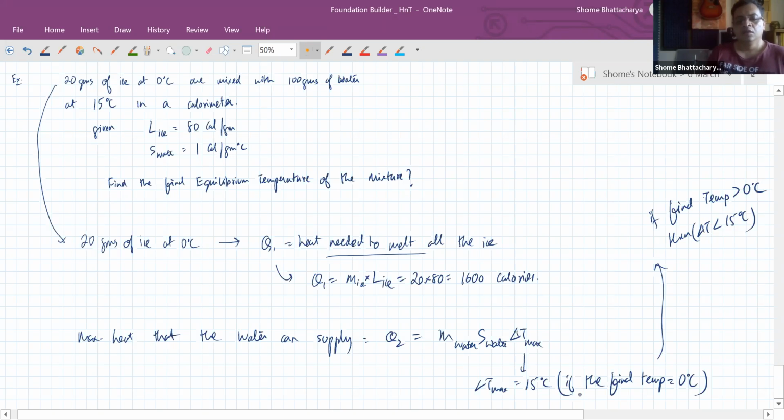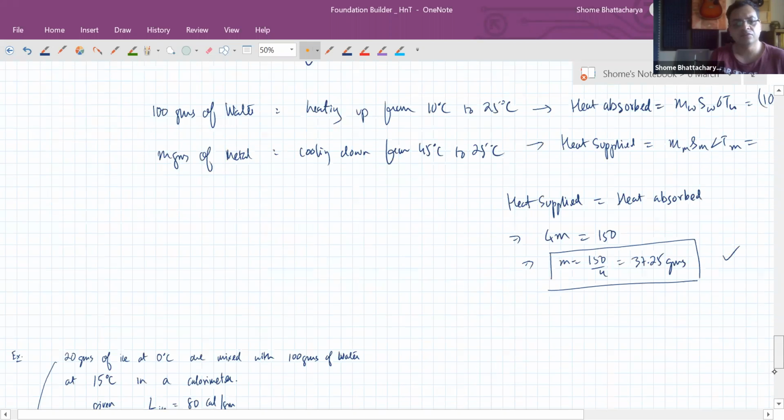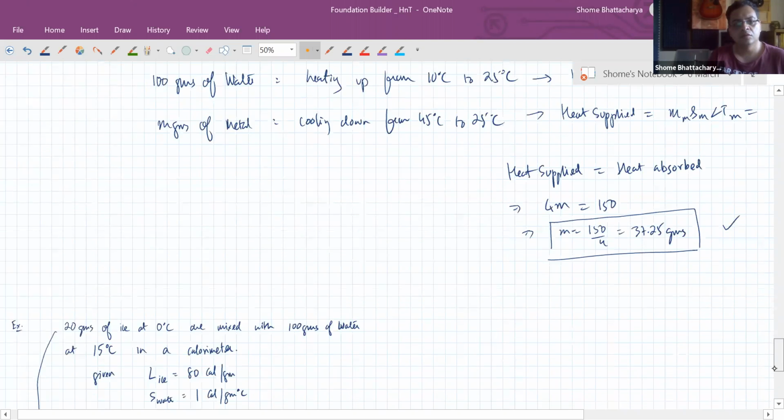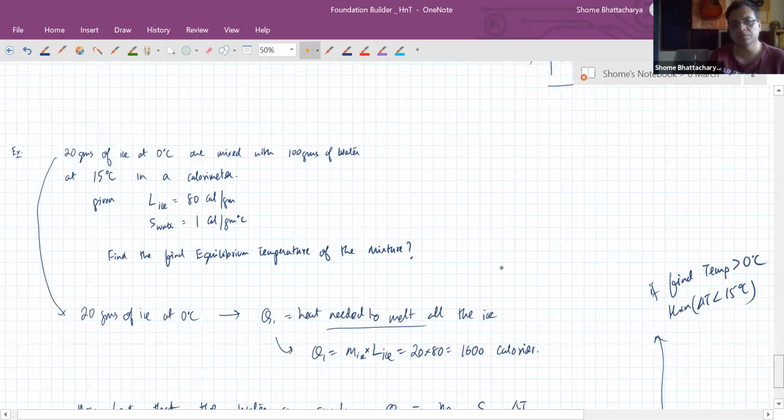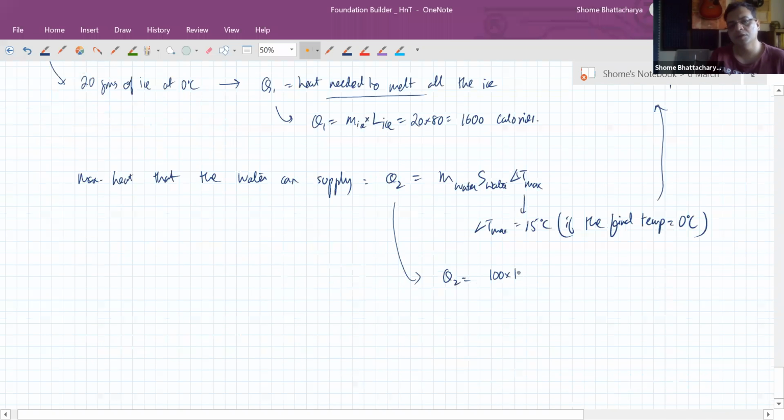Okay. So the maximum heat that is available to us from the water, we have 100 grams of water at 15 degrees C. So 100 into 1 into 15, so 1500 calories.